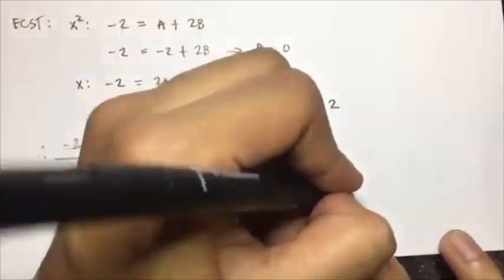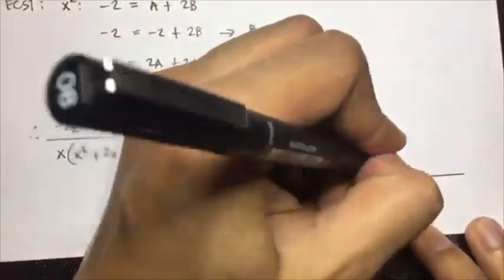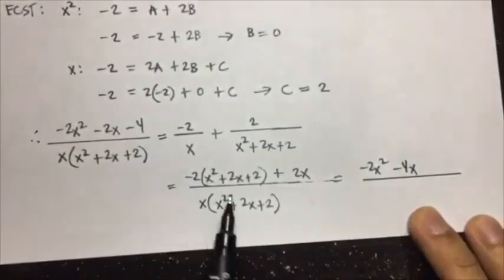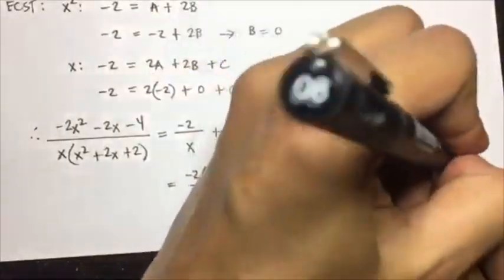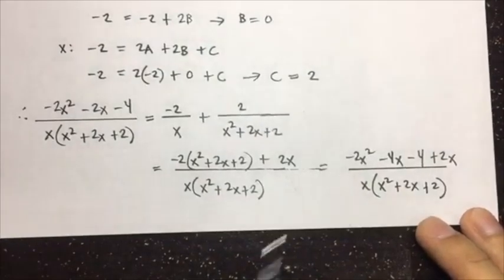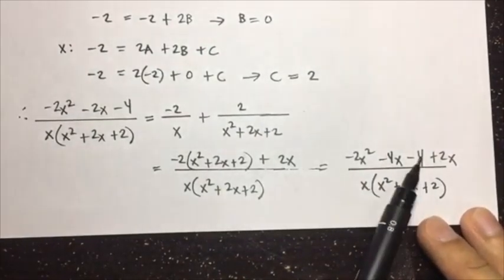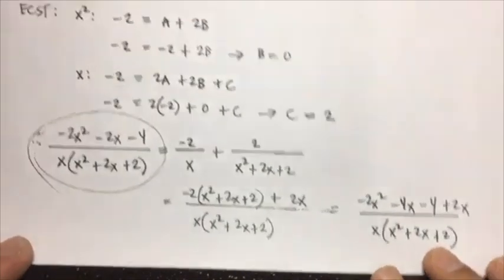If we simplify this, it will become negative 2x squared minus 4x minus 4, plus 2x over x times x squared plus 2x plus 2. Okay, as you can see, negative 4x plus 2x will become negative 2x, so practically the same.